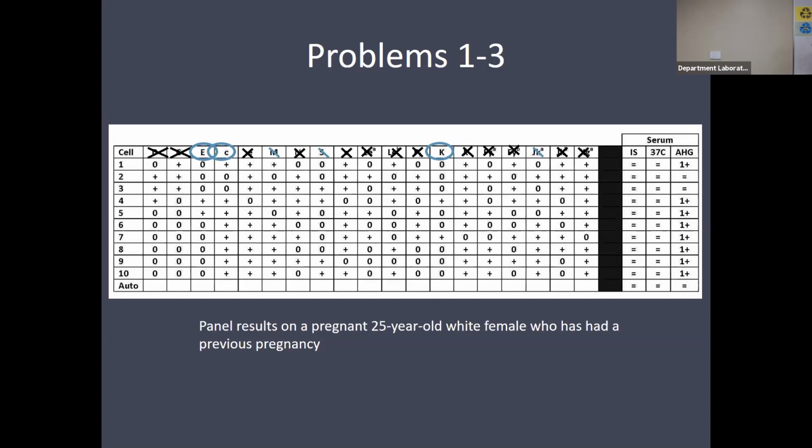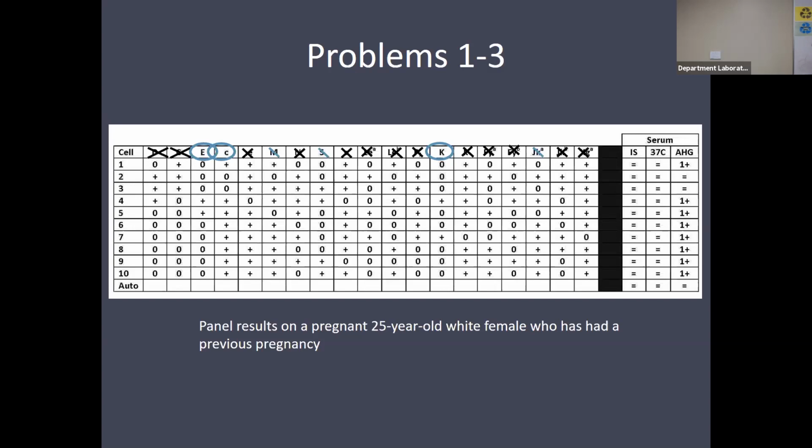Right? Could it be little r, little r1, little r prime? Could it be little r double prime? Yes. Remember, the double prime indicates that the big E antigen is present, and that you're negative for the C antigen.